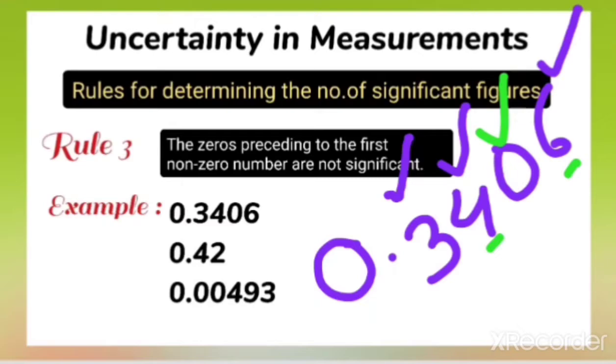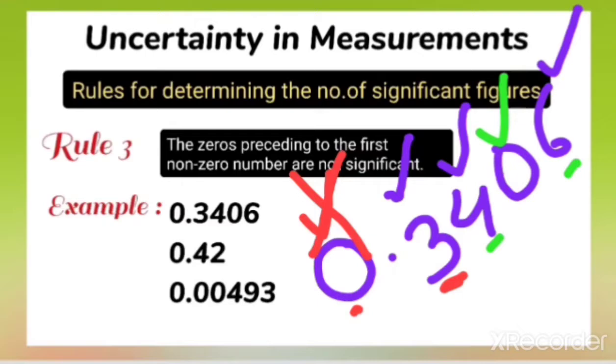Therefore, this is significant. But here one more 0 is also there, that you can check here. Which 0? I'm talking about this 0. This 0 is preceding a non-zero number. You can see this is a non-zero number and this is a 0 which is preceding it. So this one is not a significant figure. So this one will not come in the significant figures.